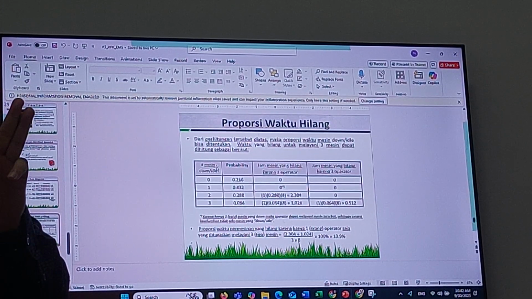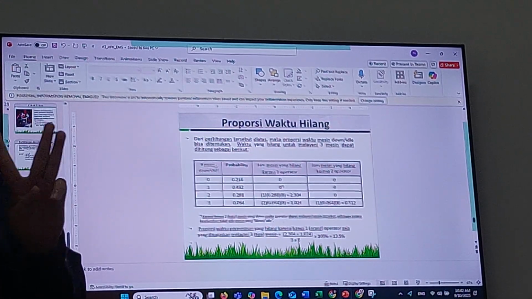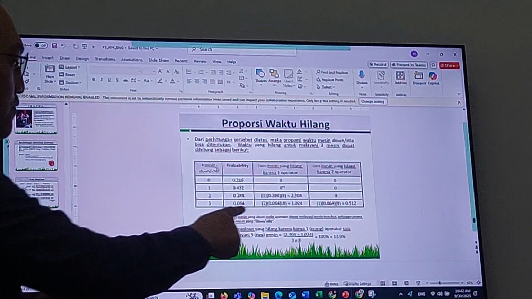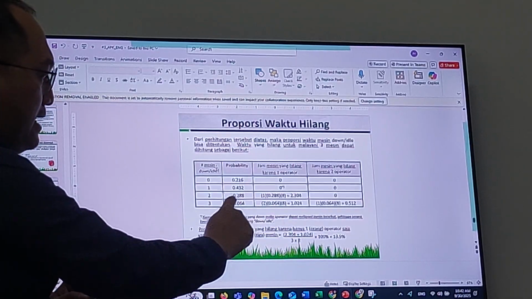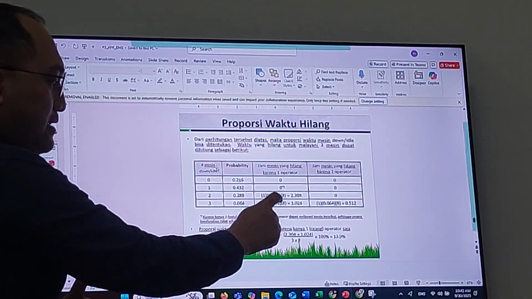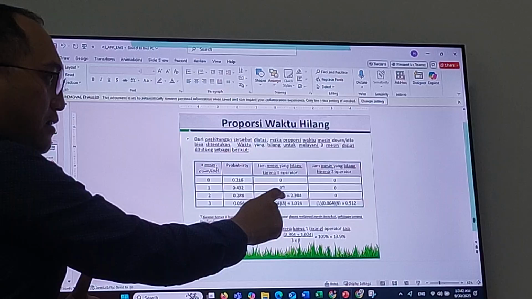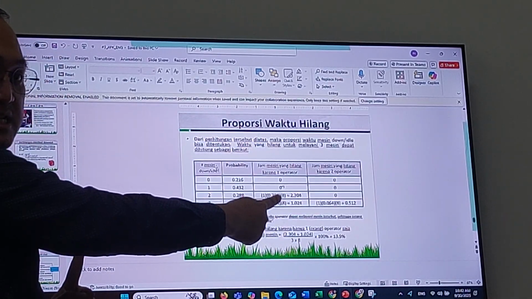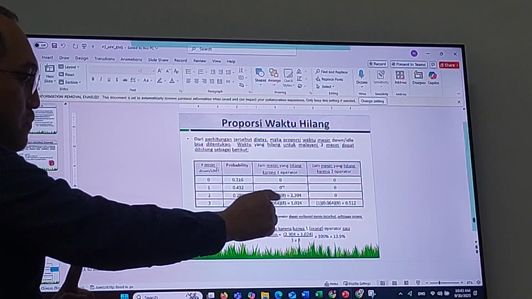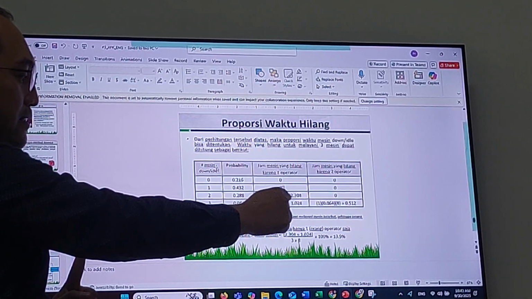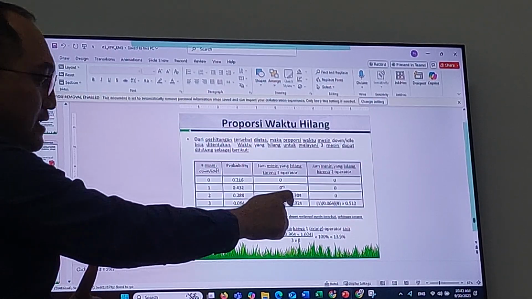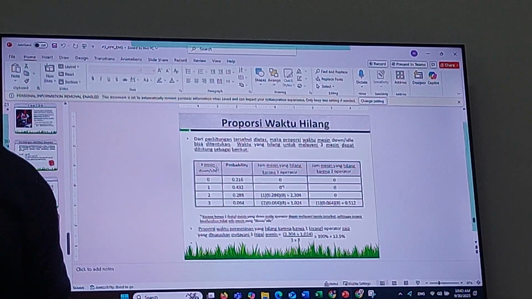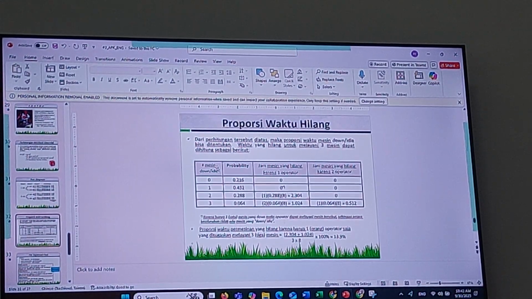So still 1 machine is lost. 1 machine multiplied by the probability, multiplied by the operating time of 8 hours. That's why 1 multiplied by 0.288 multiplied by 8 is the total. Understand?